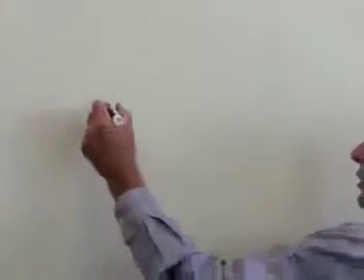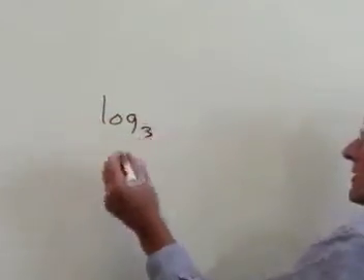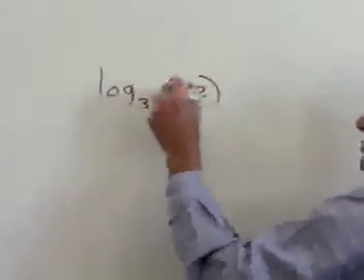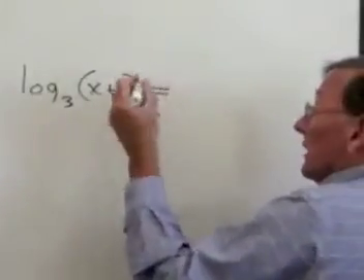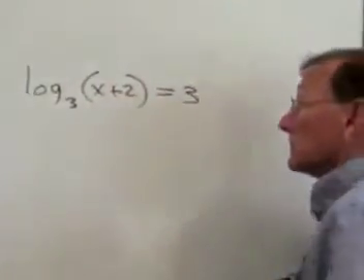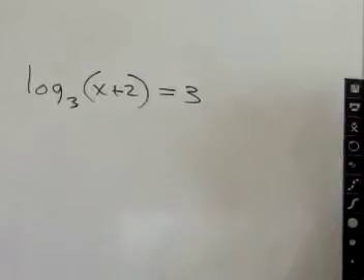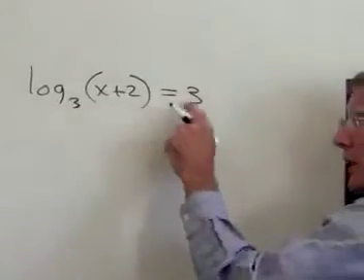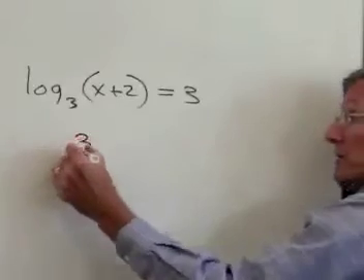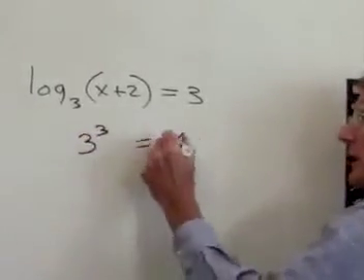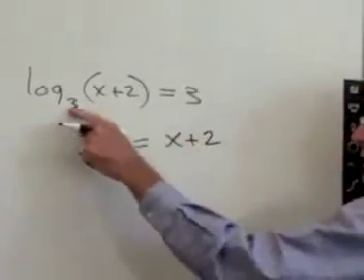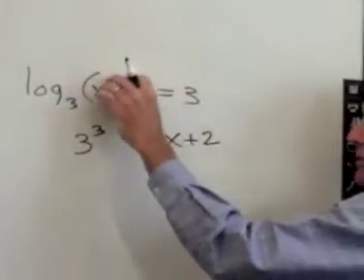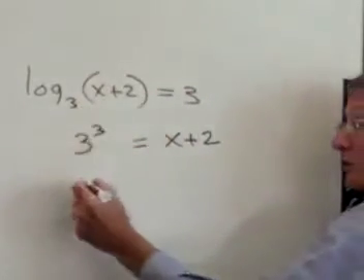here's a much easier log problem. What is the log base 3 of x plus 2 equaling 3? Well, if I remember my definition of logarithms, this can be written as 3 cubed equals x plus 2. 3 to that power gives you that result. 3 cubed is 27.